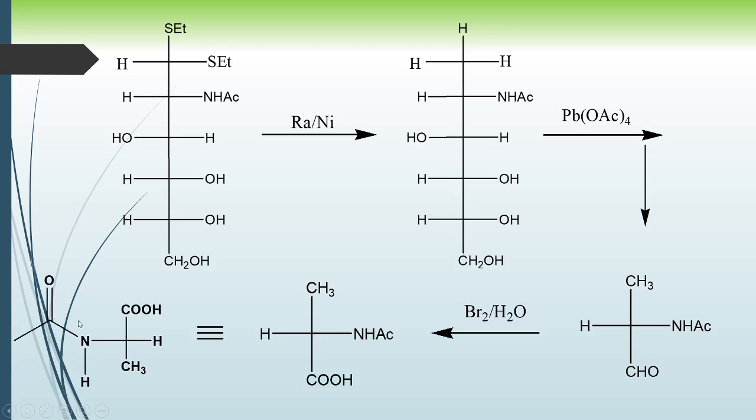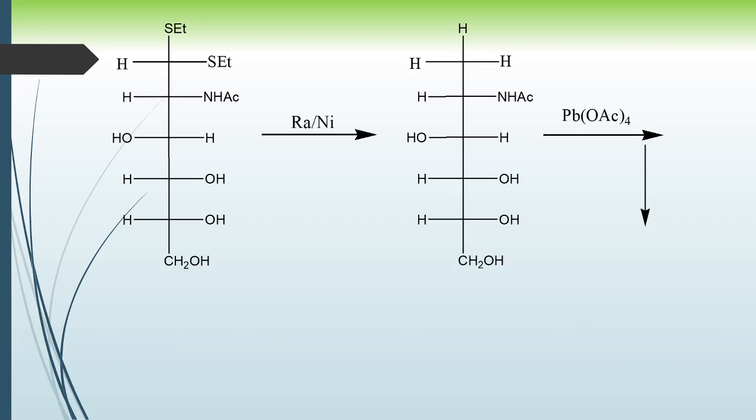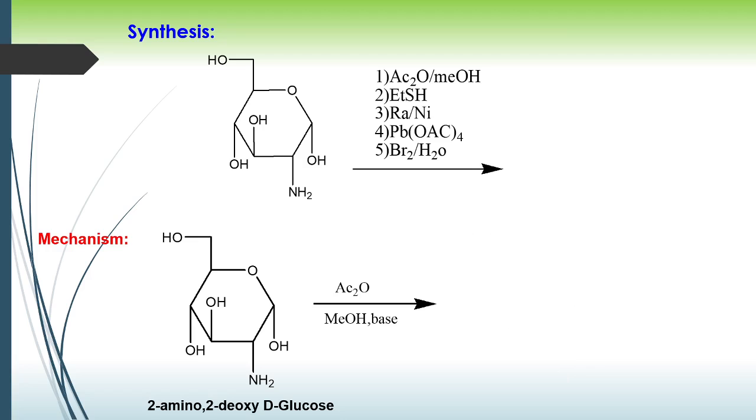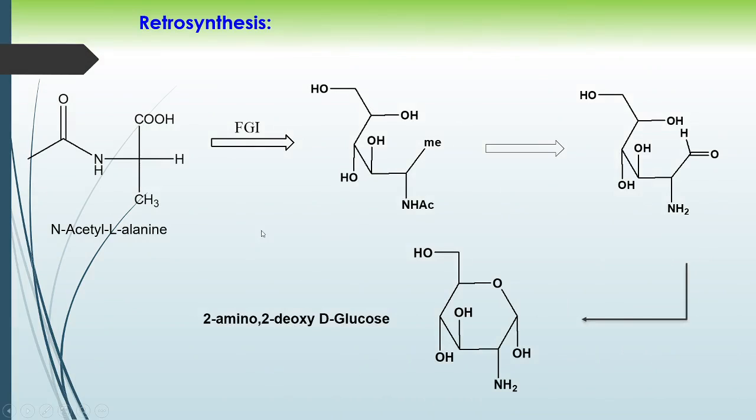So this is the target molecule, that is the N-acetyl L plus alanine. And after the hydrolysis, we got here the NH2 group. See again the mechanism. This is the retrosynthesis, and we got our starting material, that is the 2-amino 2-deoxy D-glucose.